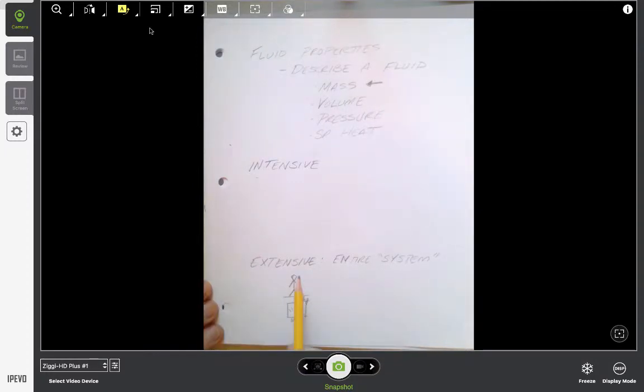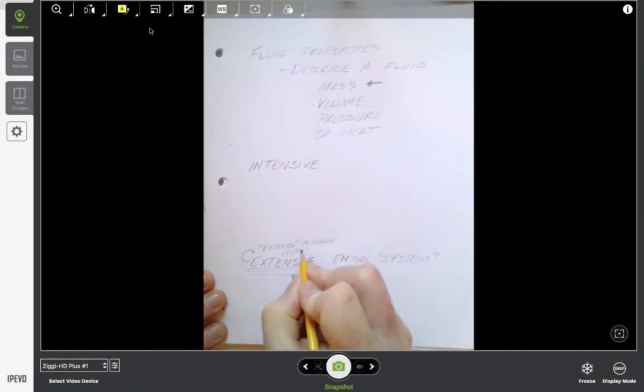Okay, so his extensive property is mass. This body, if we were to tie a weight to it and pull him under water, would displace a certain amount of water. So he has a mass, a volume, and other things. So that's an extensive property, and the way to remember it is it extends to the entire system.